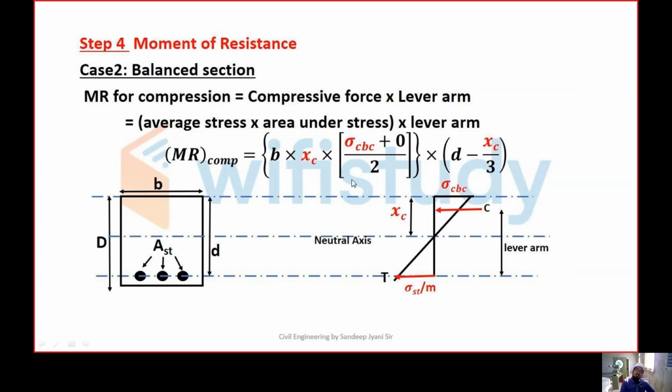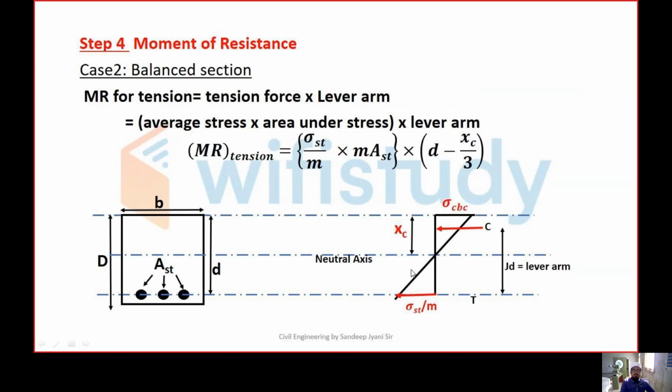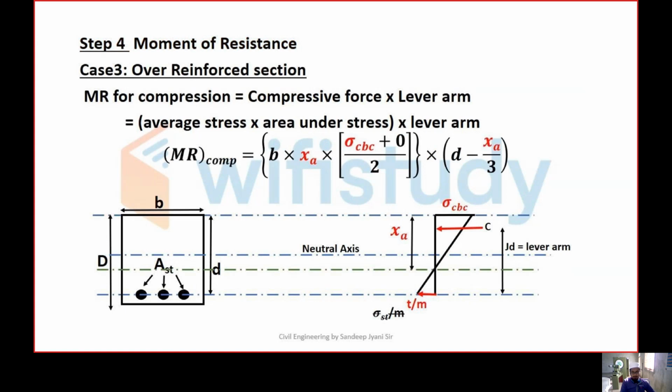B into XC is the area under stress, and this is the average stress: the maximum compressive stress plus the minimum, that is 0, by 2, into D minus XC by 3. The moment of resistance for tension is also the same: sigma st by m into m AST into d minus xc by 3.